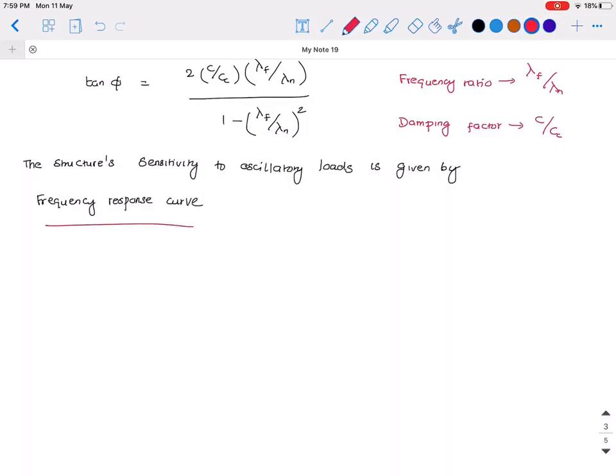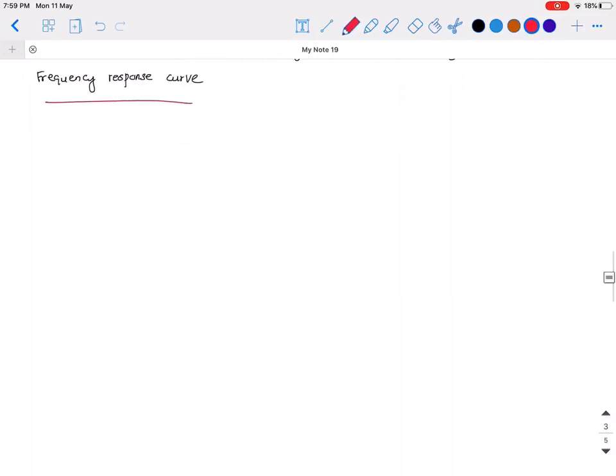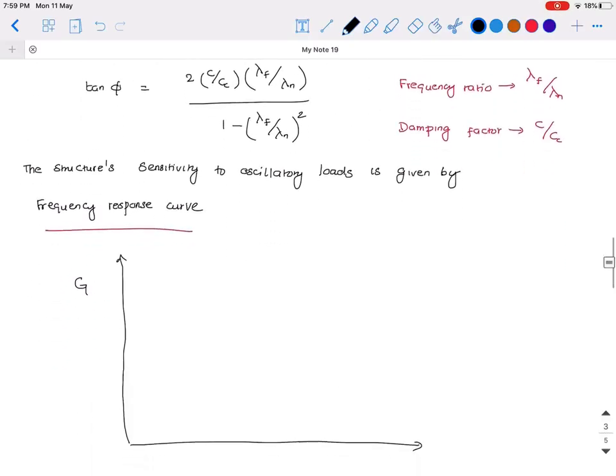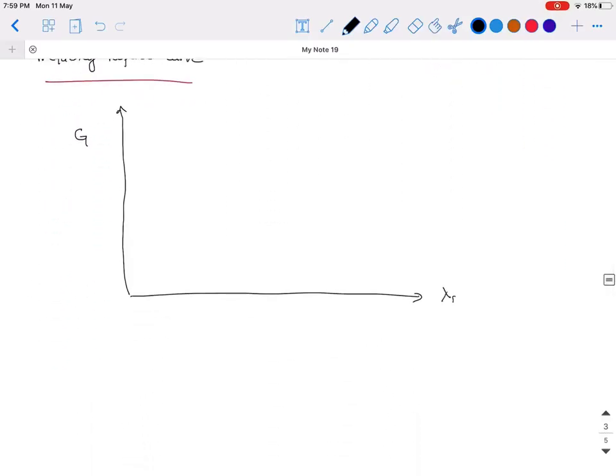Okay, so frequency response curve is the curve between magnification factor G against the frequency ratio, which is lambda f by lambda n.